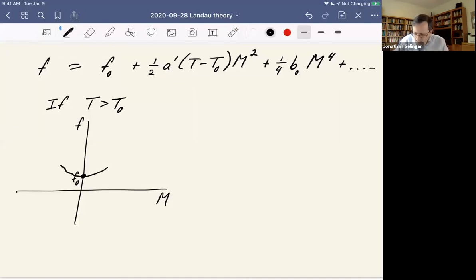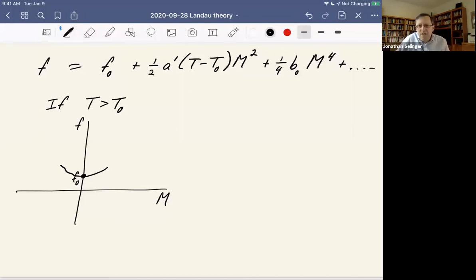You haven't decided the sign of A prime yet, right? That is true. I will tell you in typical physical systems, A prime is positive.